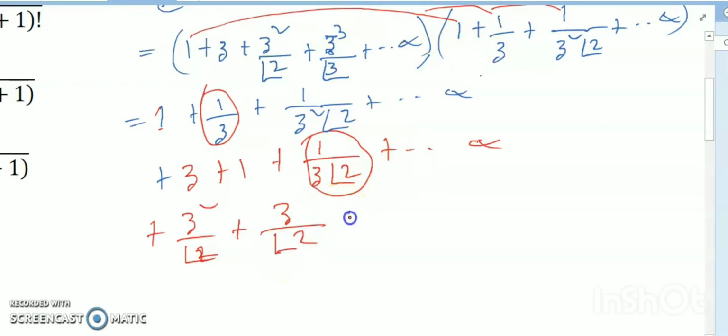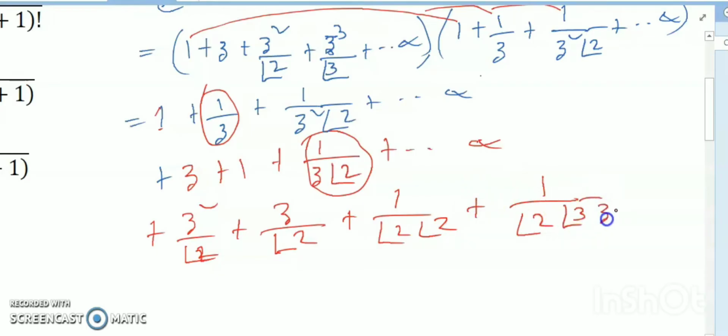And 1 by 2 factorial into 2 factorial, and next is 1 by 2 factorial into 3 factorial, and so on, proceed so on.